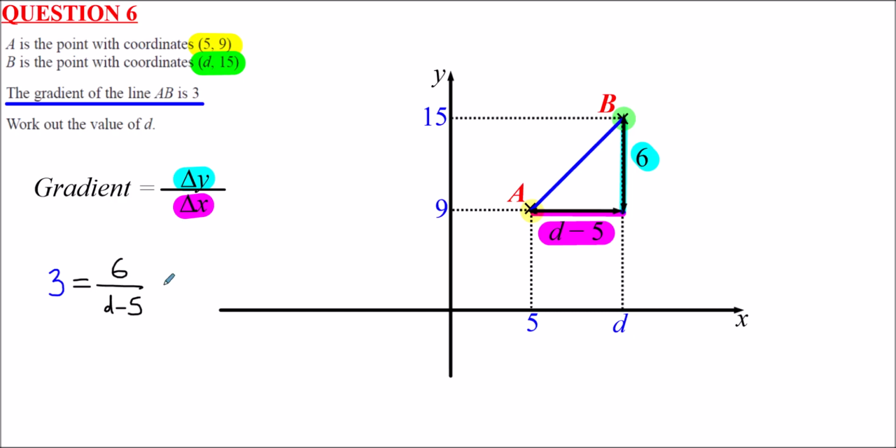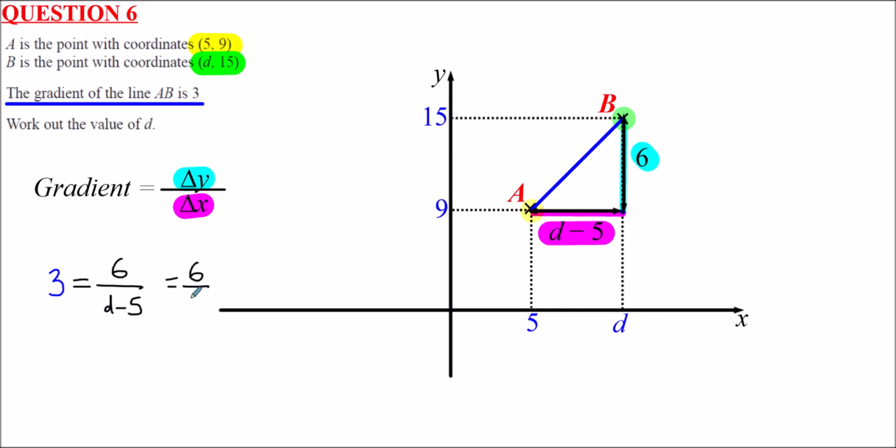What we can do now is solve this equation by either multiplying both sides by D minus 5, or by just thinking: how do I get 3 from 6? What do I divide 6 by to get 3? I'd have to do 6 divided by 2. So I could see that D minus 5 would have to be 2. I'm going to show you one way of doing it.